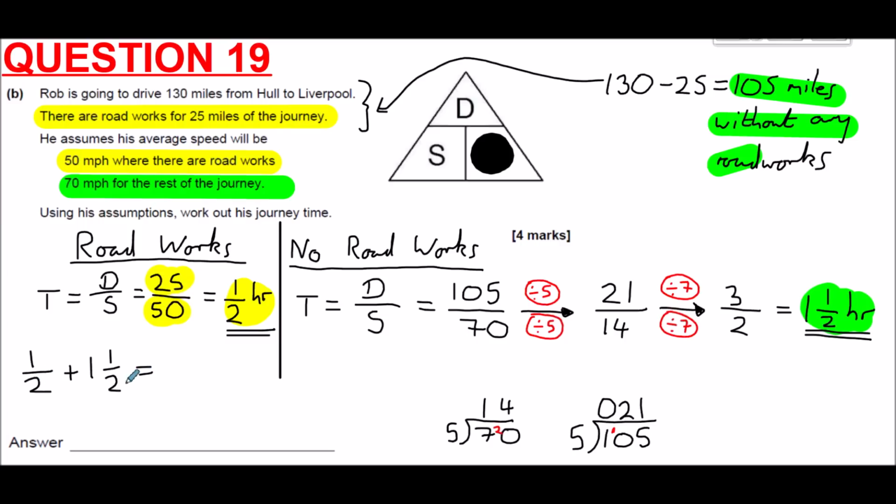Well, half plus half is a whole hour, plus an extra whole hour. That'll be a total of 2 hours. So the total journey time expected is going to be 2 hours. Or if you prefer, you can leave it in minutes and say it's 120 minutes. But for this question, I think the answer leads itself more naturally to being in hours.